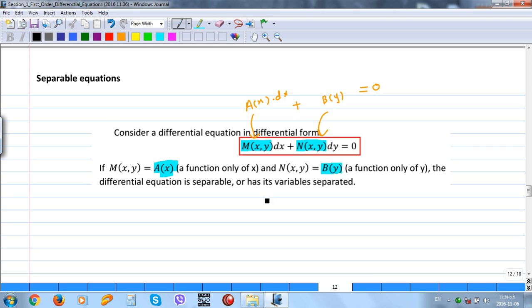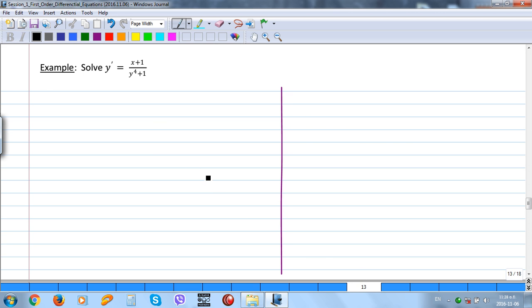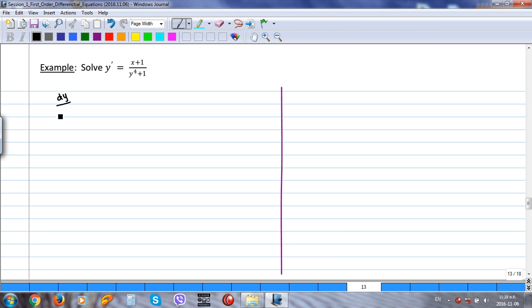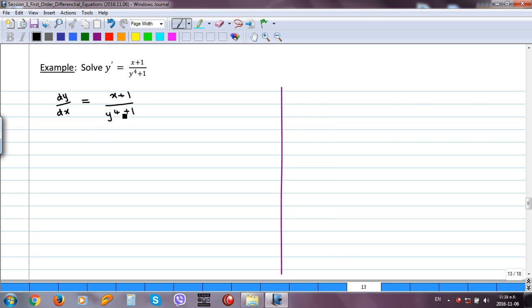So we will do an example. y' = (x + 1) / (y^4 + 1). That is an easy one. You know y' can be written as dy/dx, so dy/dx = (x + 1) / (y^4 + 1).